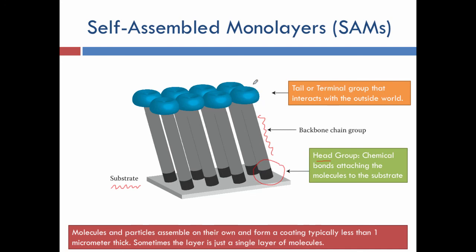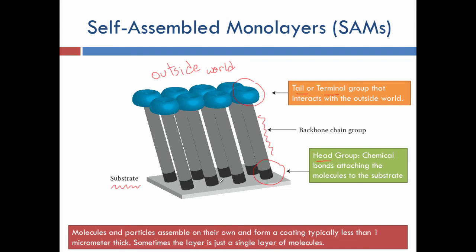And then at the end, there's a tail. And at this point, this doesn't look like much of a tail, but this is a terminal group or a tail. And it is, of course, on the bottom side that we have the substrate, and then out here we have the rest of the world, or the outside world, which, to be honest, is usually some kind of fluid or gas, or perhaps another set of molecules that are going to be deposited on top of this.